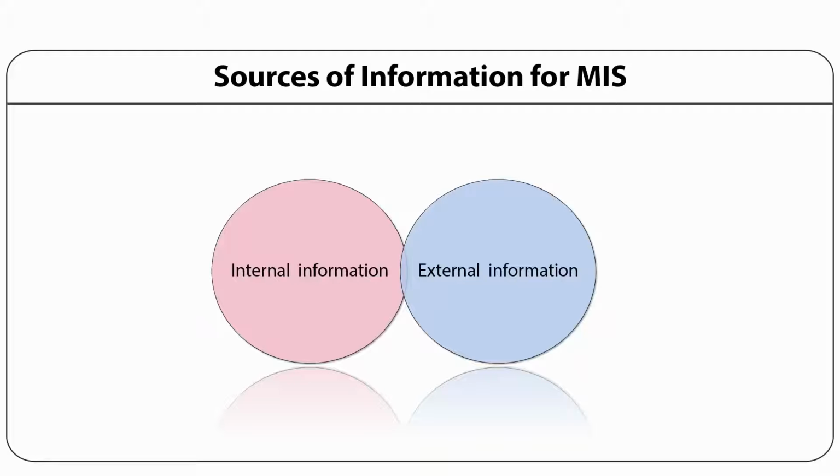This information is not stored permanently in an organization's MIS and is available from outside sources. So for this, proper linkages with other organizations or other sources are required. And this is considered to be quite expensive for any organization.